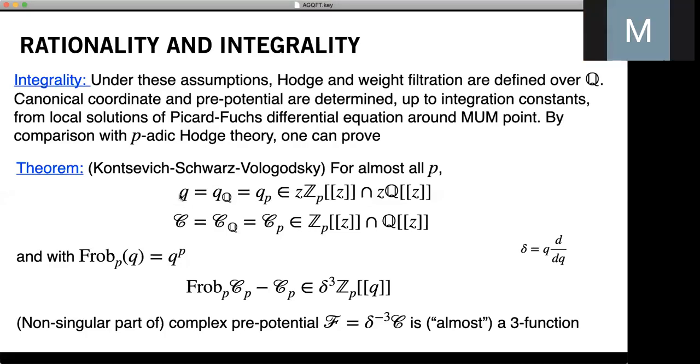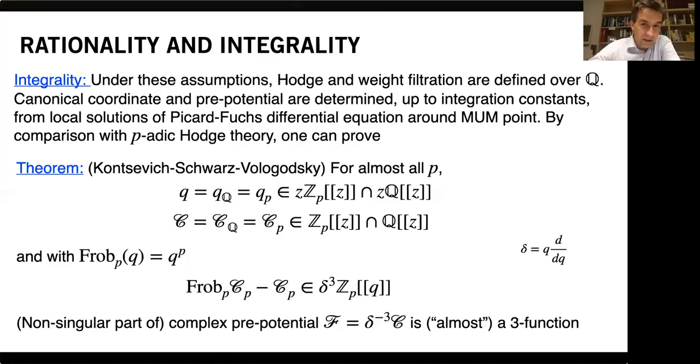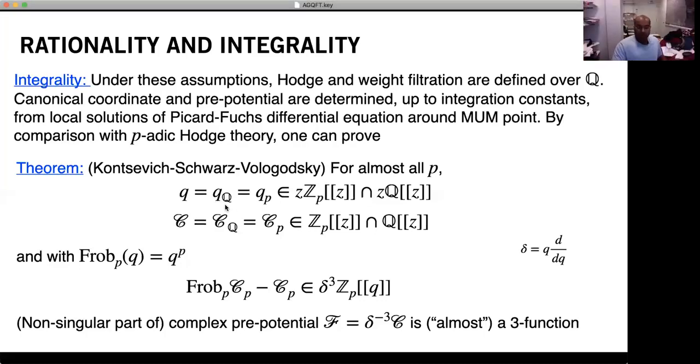Q is defined in terms of complex Hodge theory with integral structures, and Q sub Q is not defined by Hodge theory. That's how you compare them. But if you define Q sub p in terms of p-adic Hodge theory, the comparison between that and Q over C is also not so clear. I guess that's why it's in the middle.